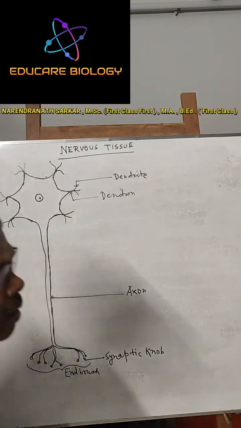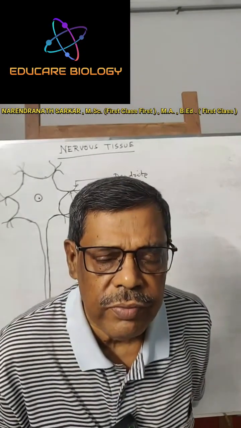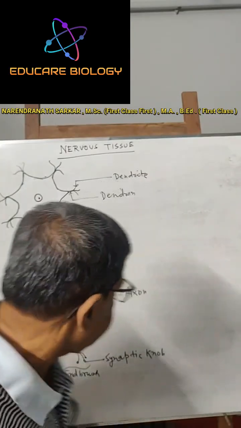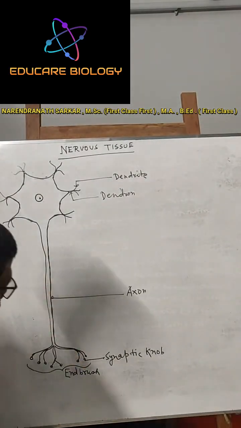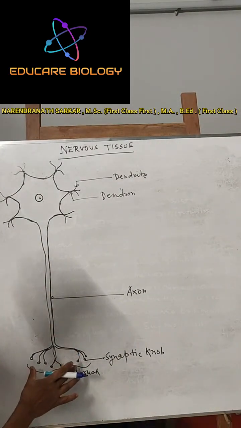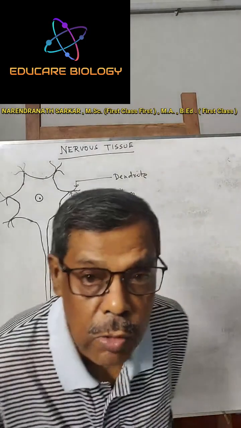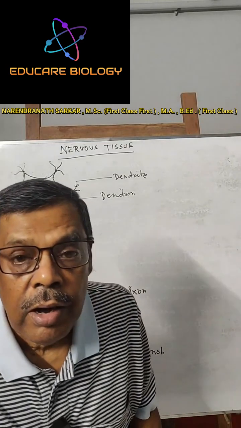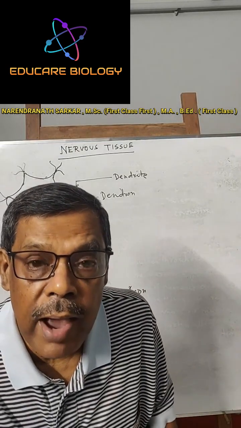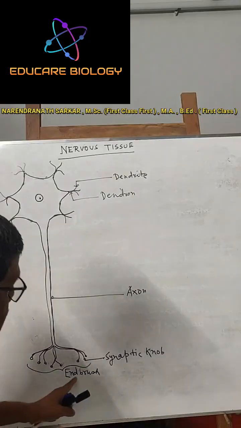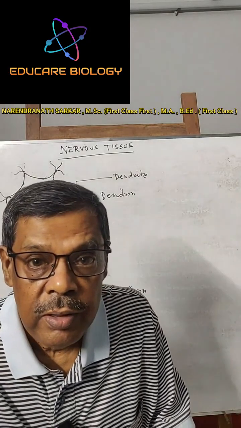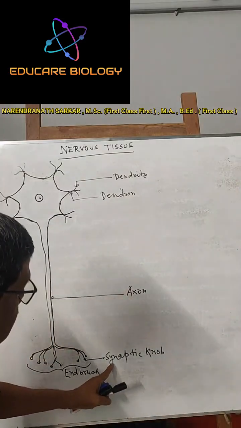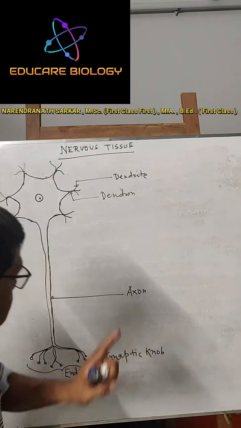Generally, axon is non-branched, but sometimes there may be branches from the node of Ranvier. Next, the telodendron, that is the end part of axon, is divided. The end part is naked, where no myelin sheath is found. This part is divided into several branches. At the end of these branches, there is a knob-like structure, which is called synaptic knob.